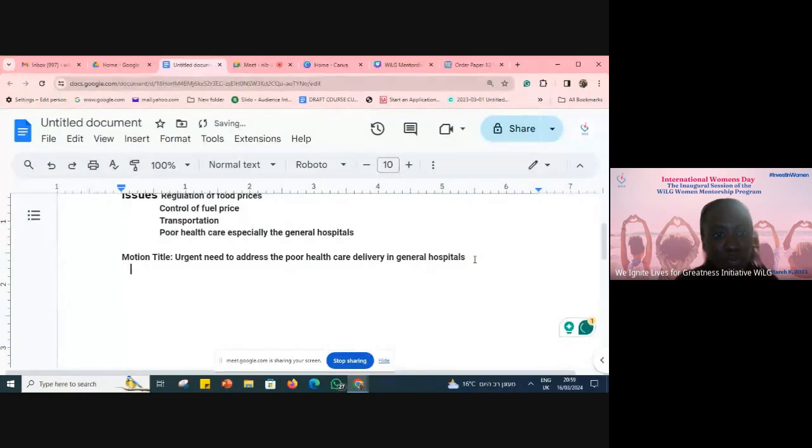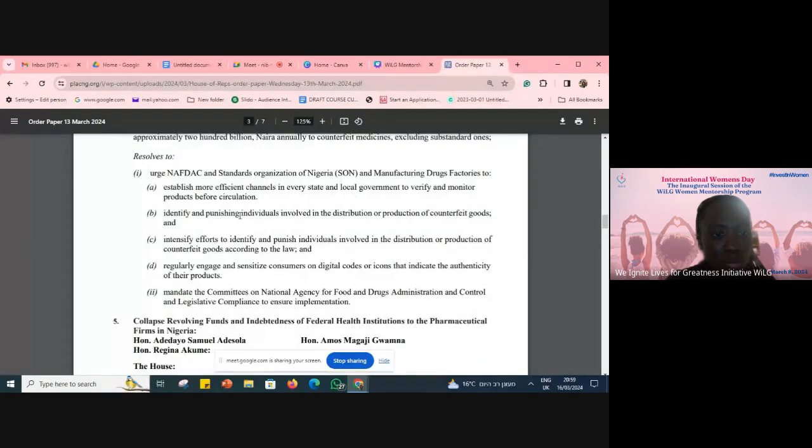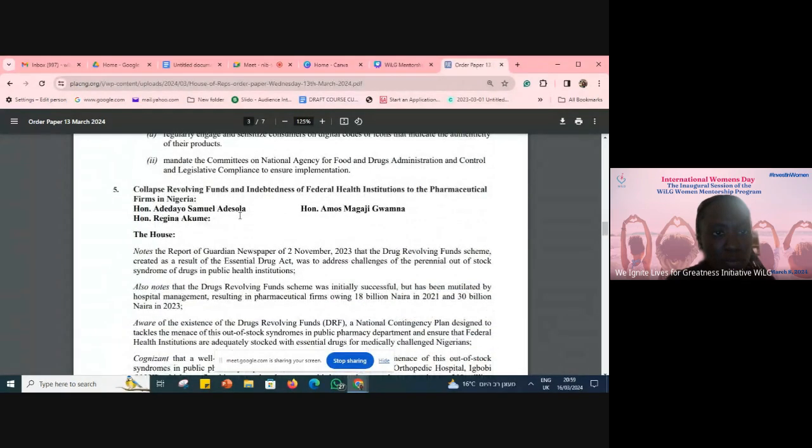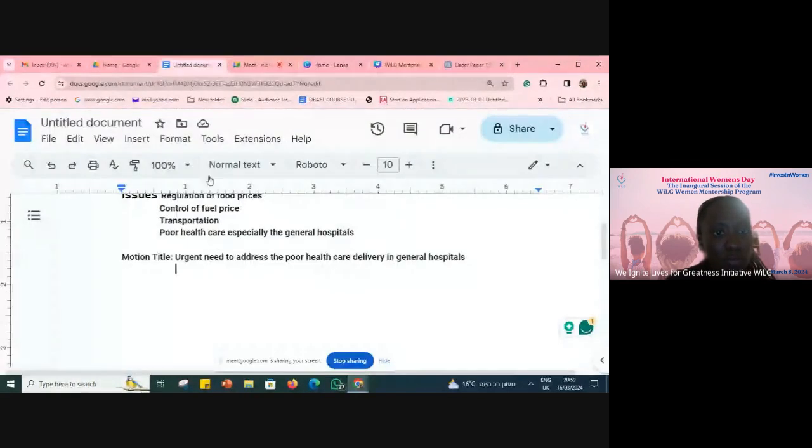Another way we can put it. So always don't stick to one. You can always try to change it up a bit. You can say, let me not use urgent. What's the other word they used? Let me see. Menace, collapse. Okay, you can use collapse. What's the other word in here? Rehabilitation. Okay.